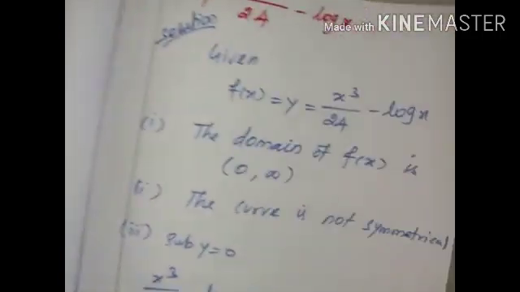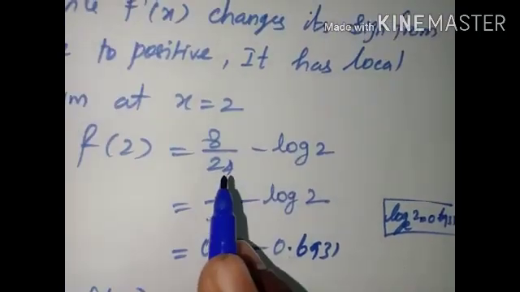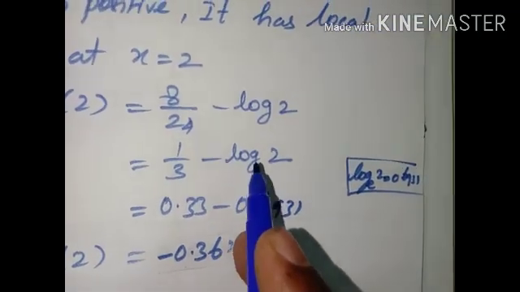With x = 2, f(2) is 2 cubed, which is 8 divided by 24, minus log 2. So 1 divided by 3 minus log 2.